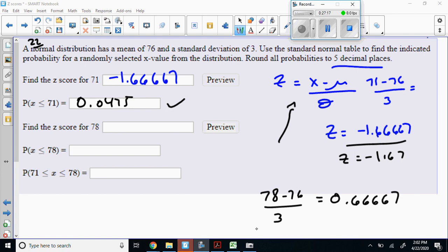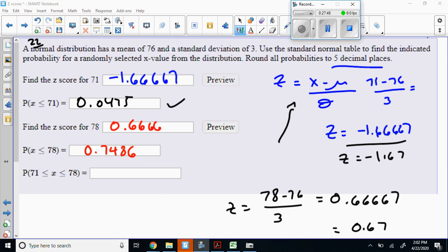Which for z-score is going to give me 0.67. They're going to accept that, right? A positive 0.67. So if I go look on my table, 0.67, I get 0.7486.